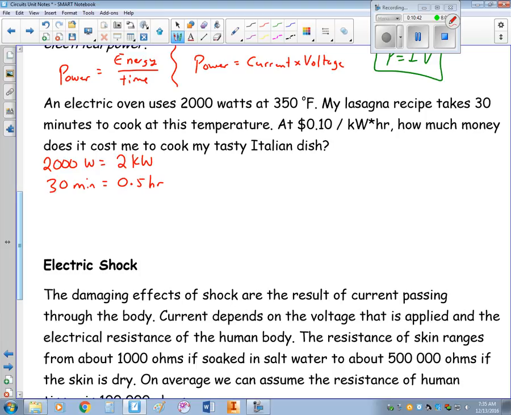Then, since power is energy over time, energy would equal power multiplied by time. So, putting these two together, I would get 1 kilowatt hour.